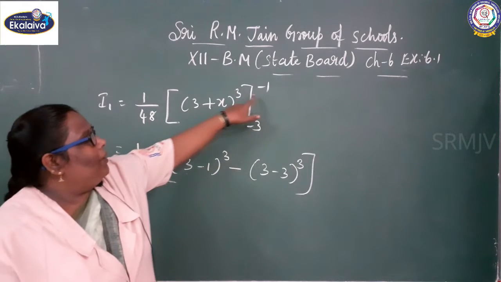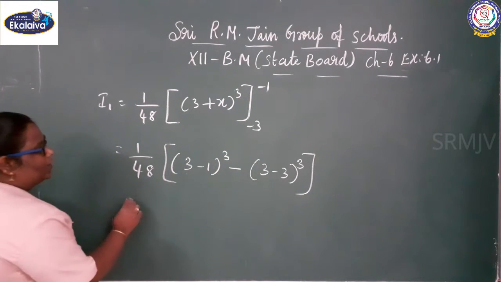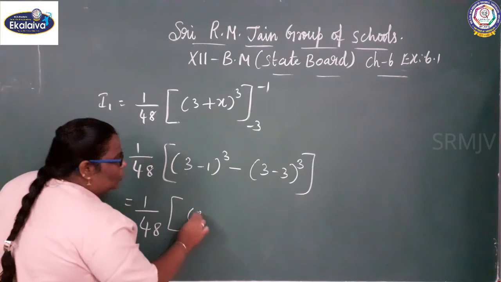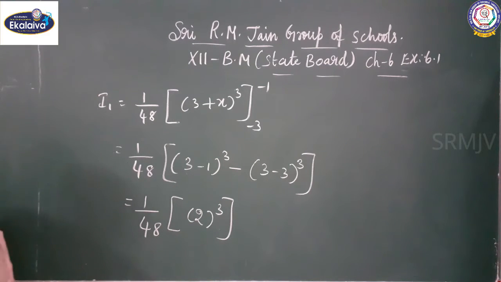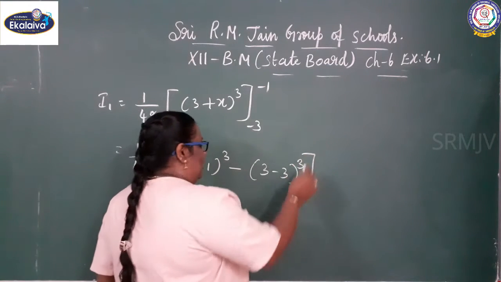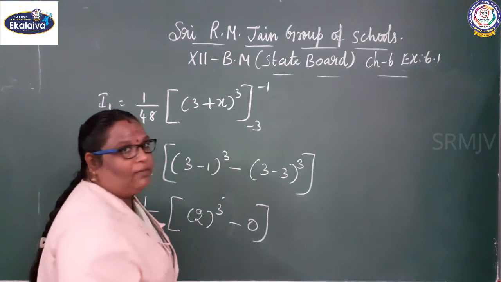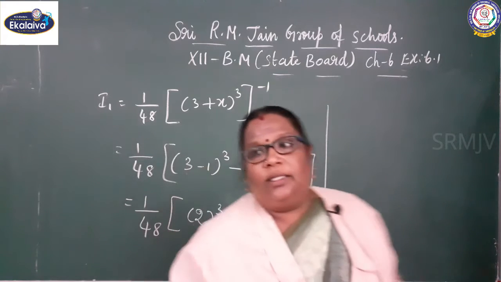Substitute the upper limit instead of x and the lower limit minus 3. So, what is the value? 1 by 48 into 2 cube minus, 3 minus 3 value is 0.